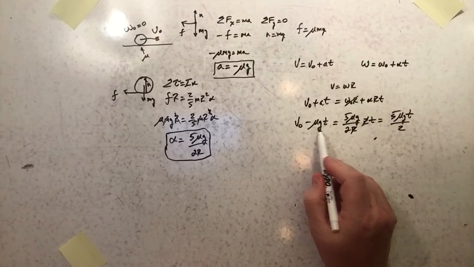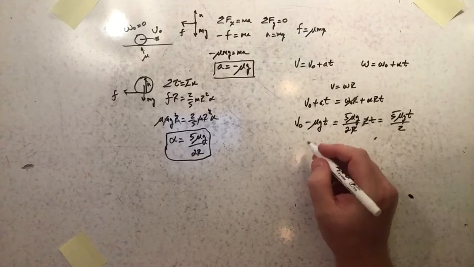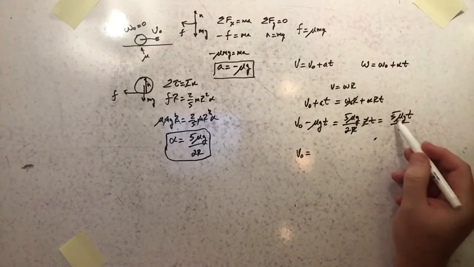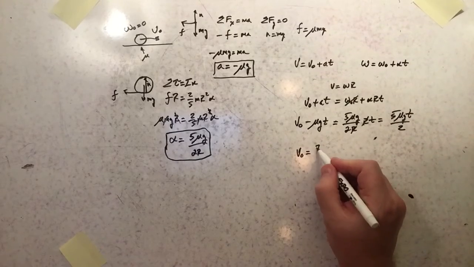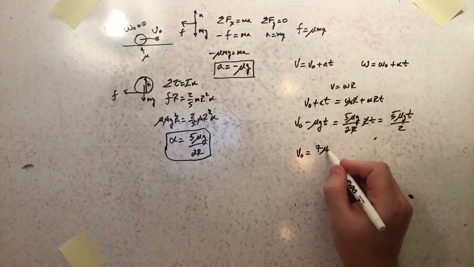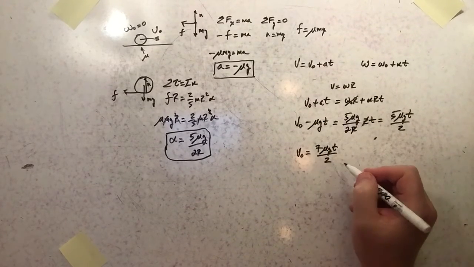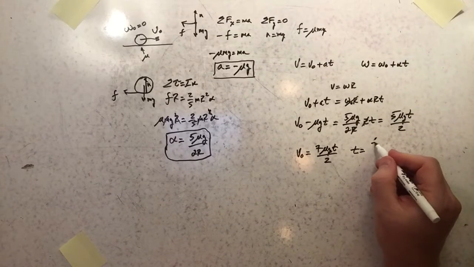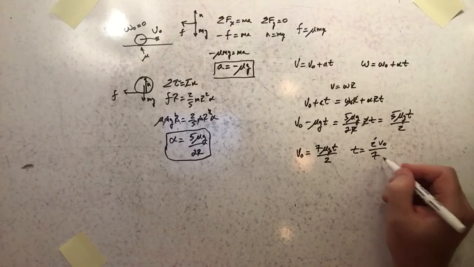And then I can bring this mu gt back to the other side in order to factor out the t's, so that v naught will be equal to 5 halves mu gt plus another 2 halves is 7 halves, so it'll be 7 mu gt over 2, or solving for t will be equal to 2 v naught over 7 mu g.